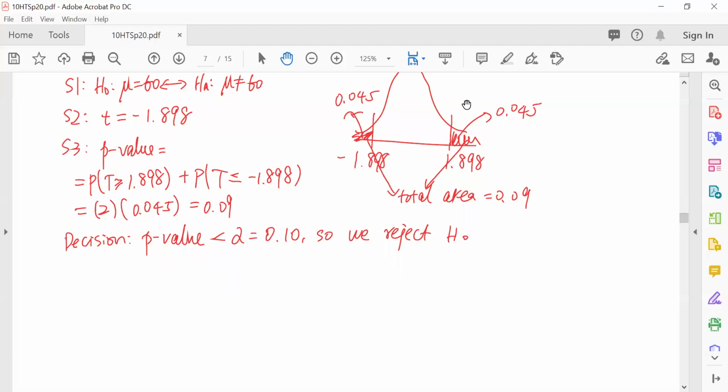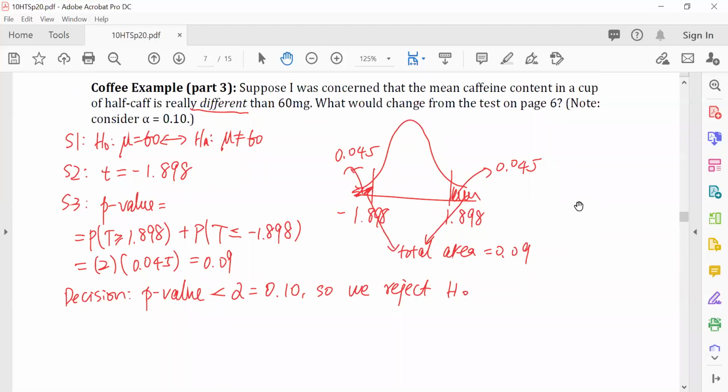This is how you would do the same hypothesis testing. The only difference is now you have an alternative hypothesis mu not equal to 60. I'm not going to show you how this would be for an alternative hypothesis mu greater than 60, but I think you should have no problem figuring it out. So that's the end of this lecture.